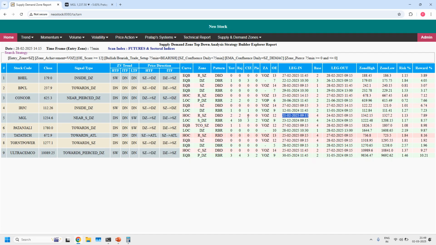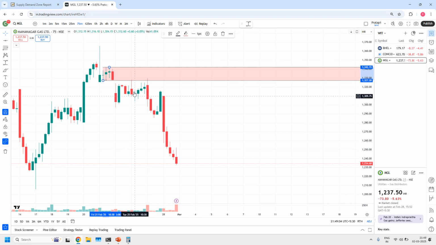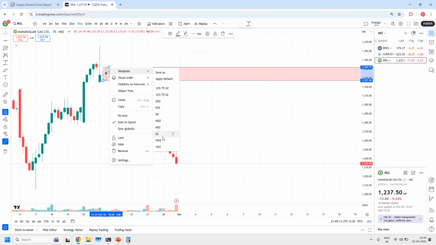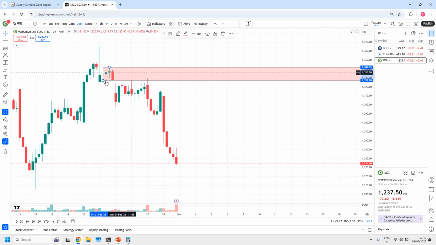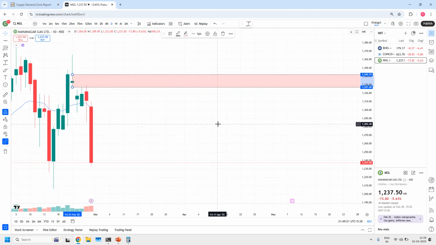Thank God, at least by seeing the test, I got the doubt. See here, it tested 2 times. This is the first time and this is the second time. So this is the 75 minutes supply zone. This 75 should be inside a daily supply zone. Where is the daily?